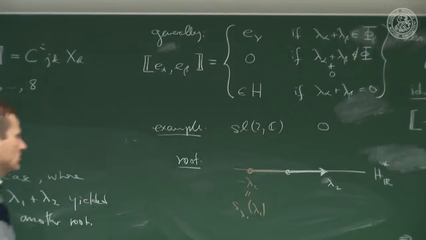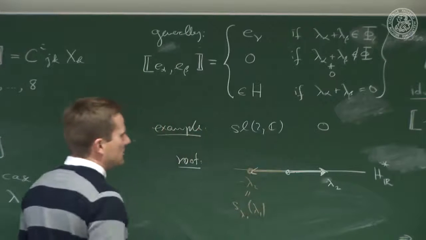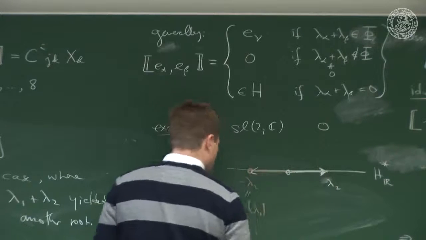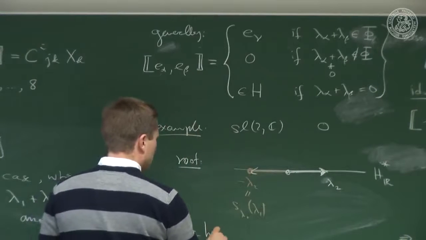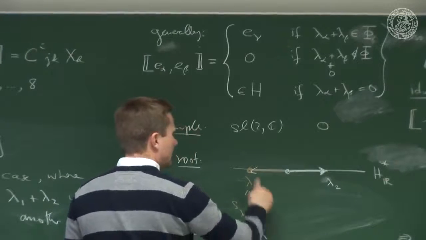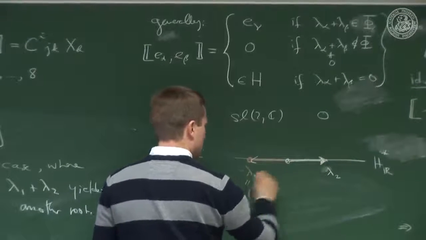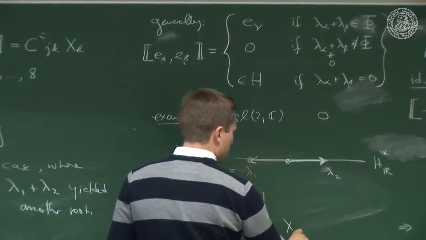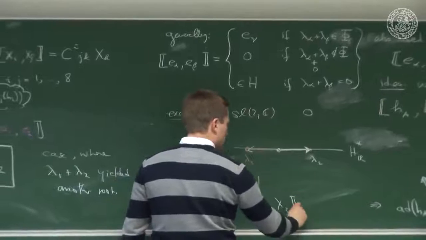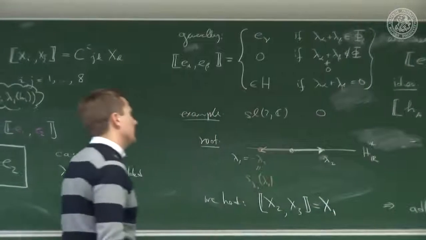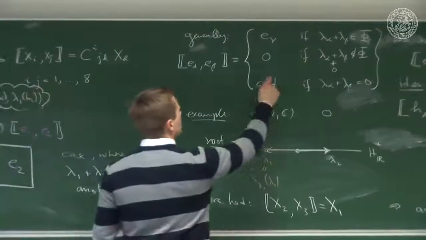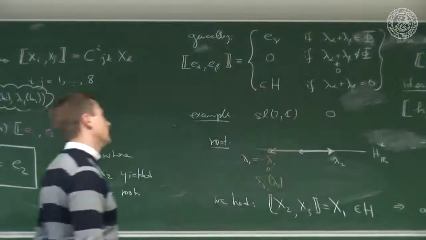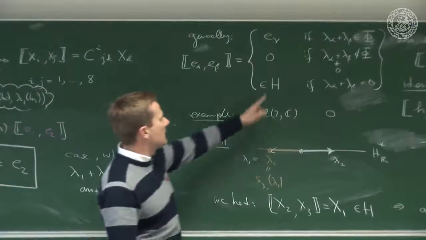Okay, so we saw all of this. And we saw that this one plus this one is 0, and indeed the eigenvector of this one with the eigenvector of that one yielded x1, and that was in the Cartan subalgebra. And that's an example for this third case up here.